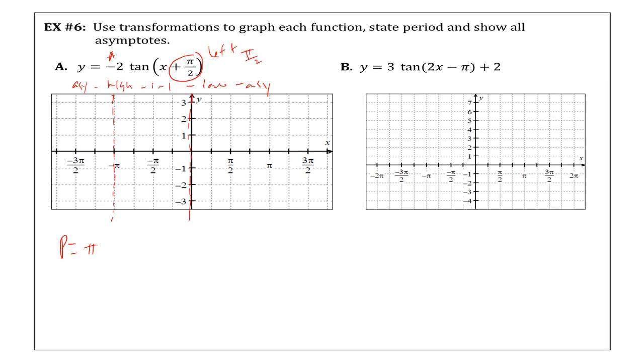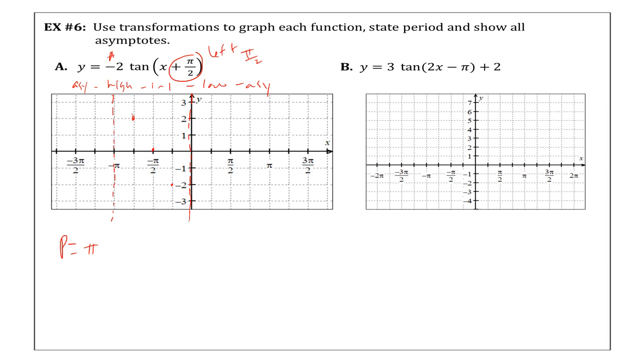Okay, so we have asymptote, and now we have our high. Our high is going to be at 2 because our a is 2. We have our intercept at our halfway point, and our low is going to be at negative 2 because our a is 2.